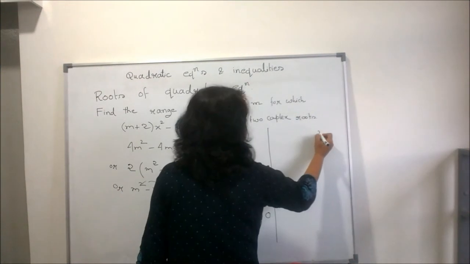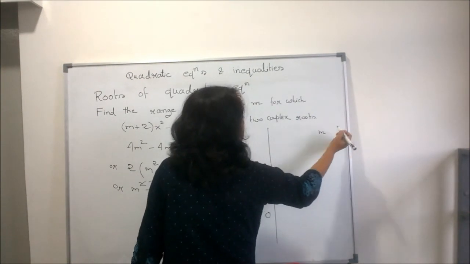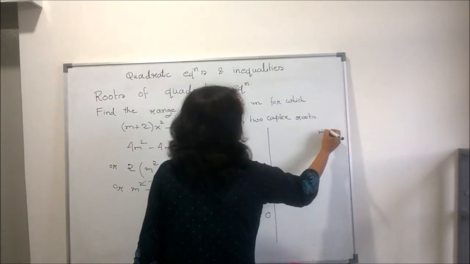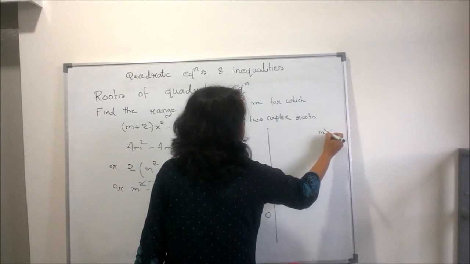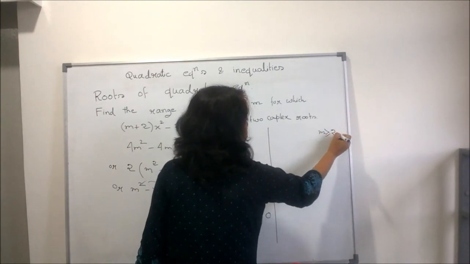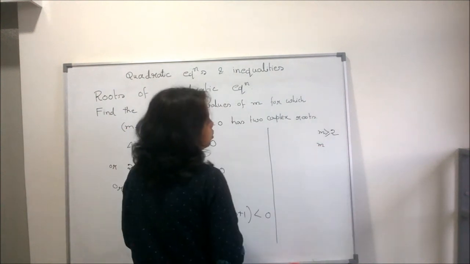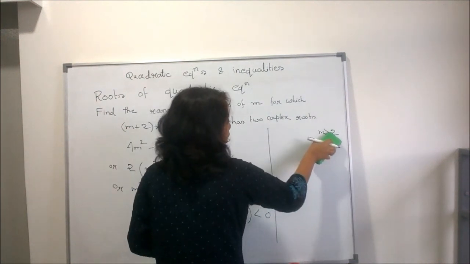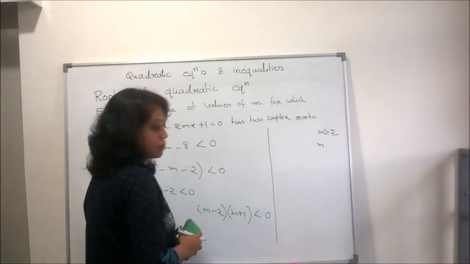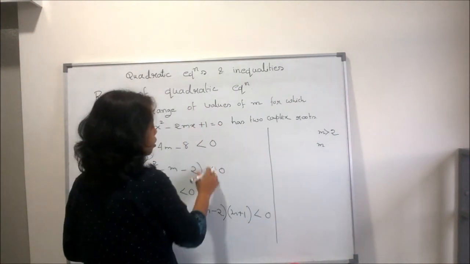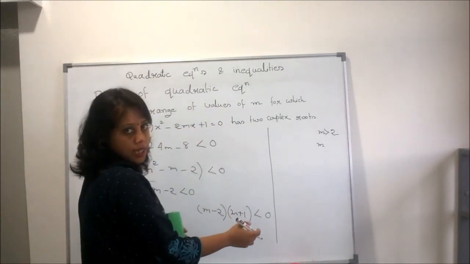So one may happen m is greater than 2. We would not take equal to, as if the value is equal to 2 it becomes 0, which we would not consider because it is less than 0.